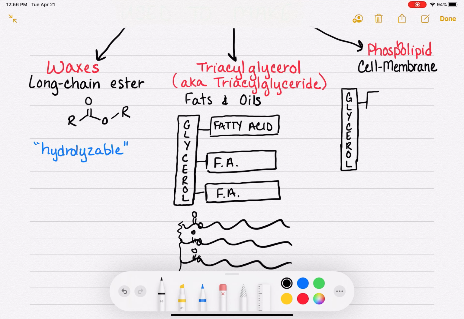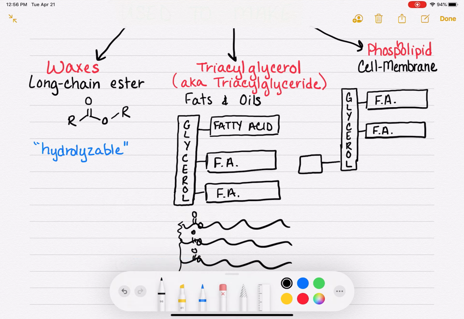And then they have 2 fatty acids hanging off of them, like this. And then in the third position down here, there's a different group. And it is usually drawn on the other side of the molecule. So over here, which I didn't leave myself a lot of room to draw it.